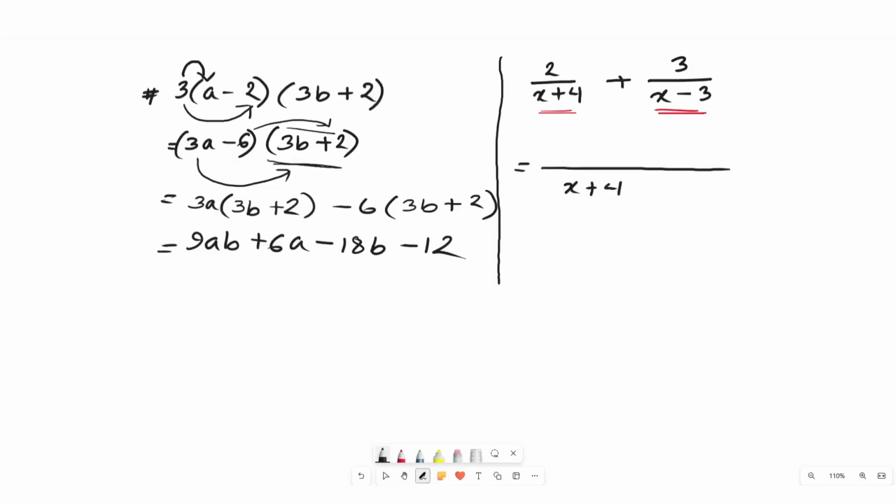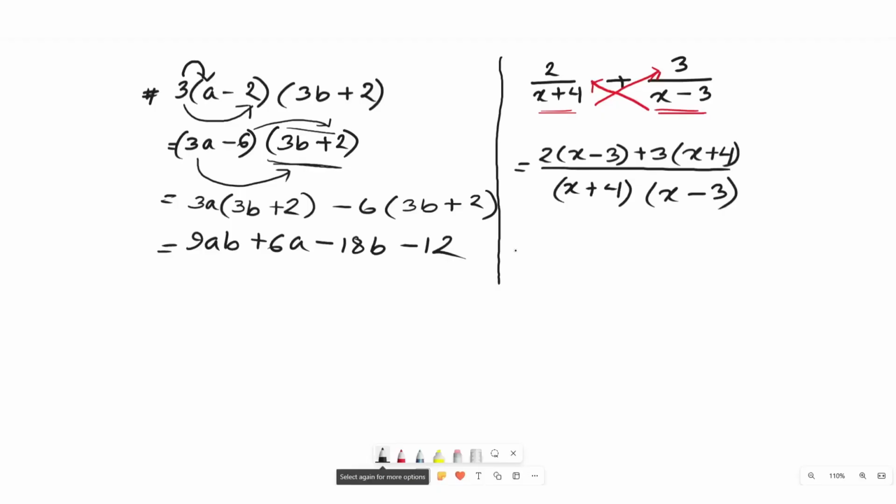Now let's multiply x plus 4 with x minus 3. Then we have to apply cross multiplication, or you can say zigzag multiply. So we multiply x minus 3 with 2 and x plus 4 with 3. So we can write 2 times x minus 3 plus 3 times x plus 4.